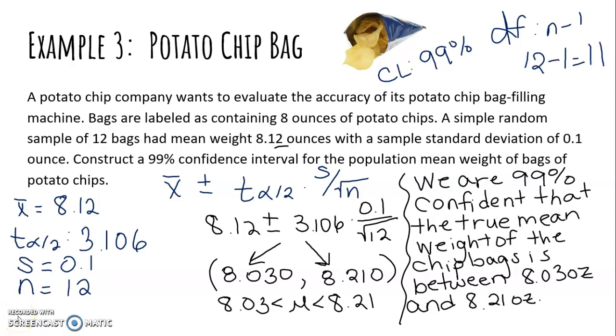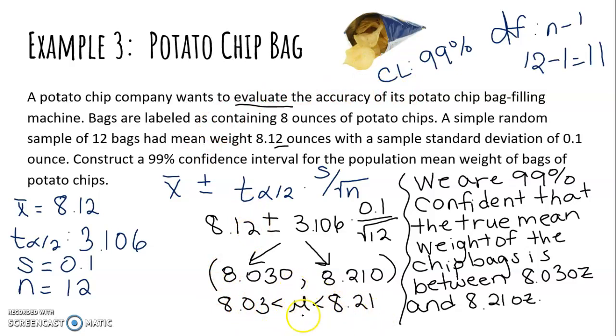So for our sentence, we are 99% confident that the true mean weight of the chip bags is between 8.03 ounces and 8.21 ounces. So what does that mean? Since the chip company wanted to evaluate the accuracy, how accurate is the chip bag filling machine? Well, the bags are supposed to contain 8 ounces. Look at the confidence interval that is used to estimate the mean.